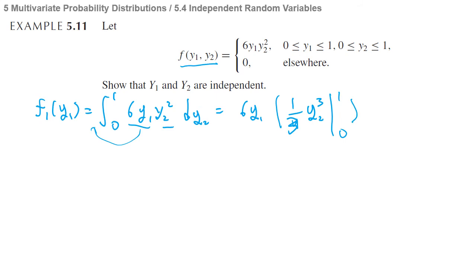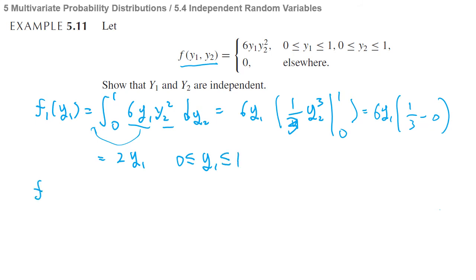This is 6y1 times, putting in 1 for y2, 1 over 3, minus 0. And so this is 2y1, and y1 is from 0 to 1.